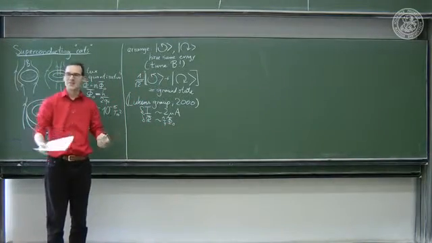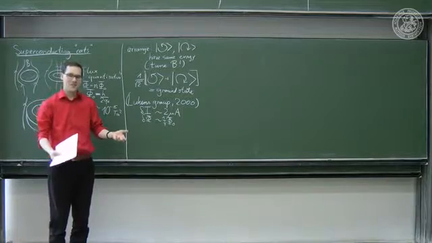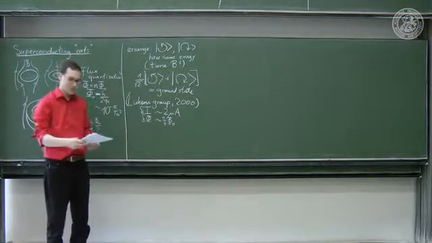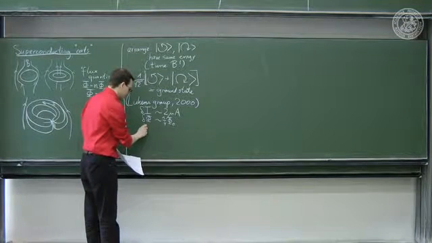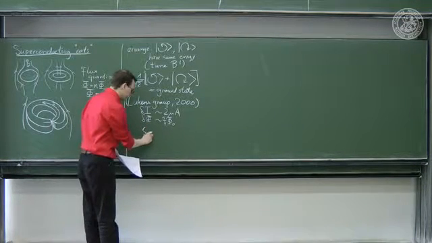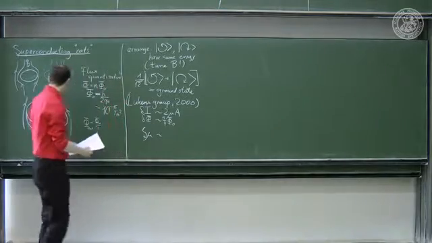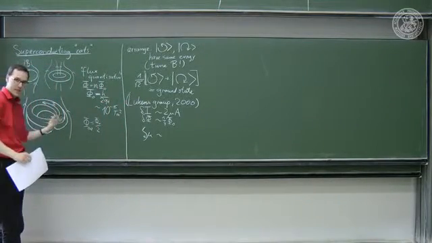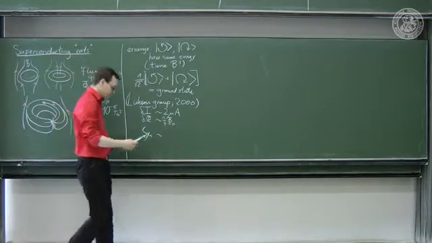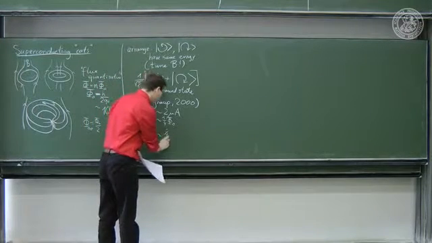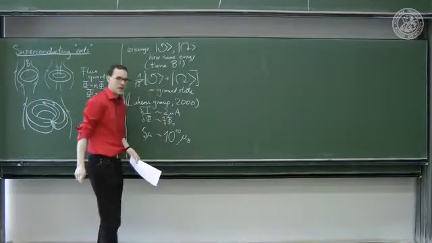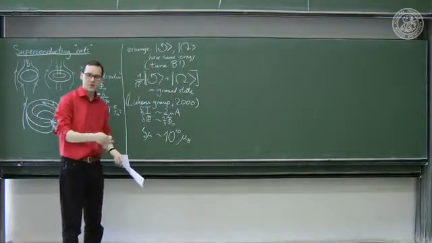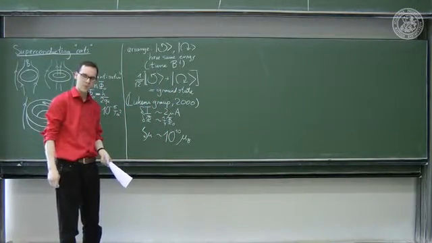Well, then you can say, okay, maybe this should count only as microscopic, I don't know. If you, however, take the difference of magnetic moment, which is current times area, then you find this is about 10 to the 10 Bohr magnetons, where the Bohr magneton is, so to speak, the microscopic unit of magnetic moment.